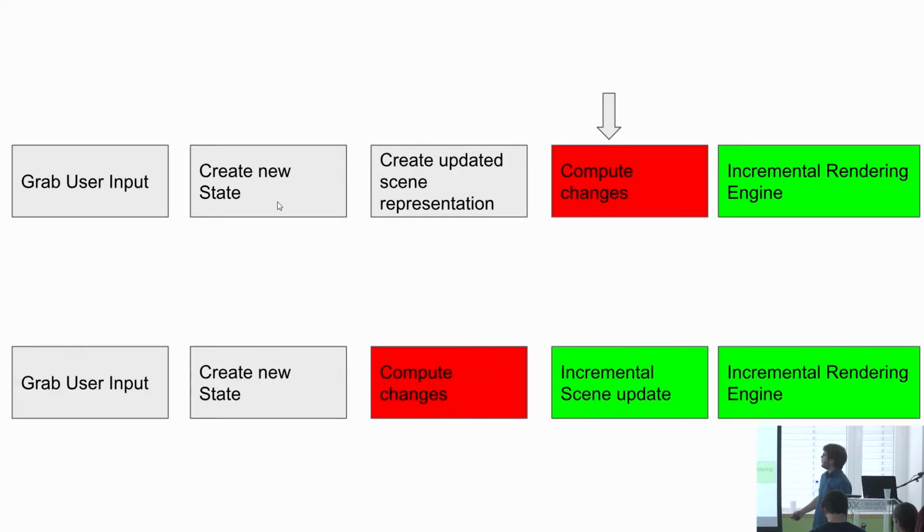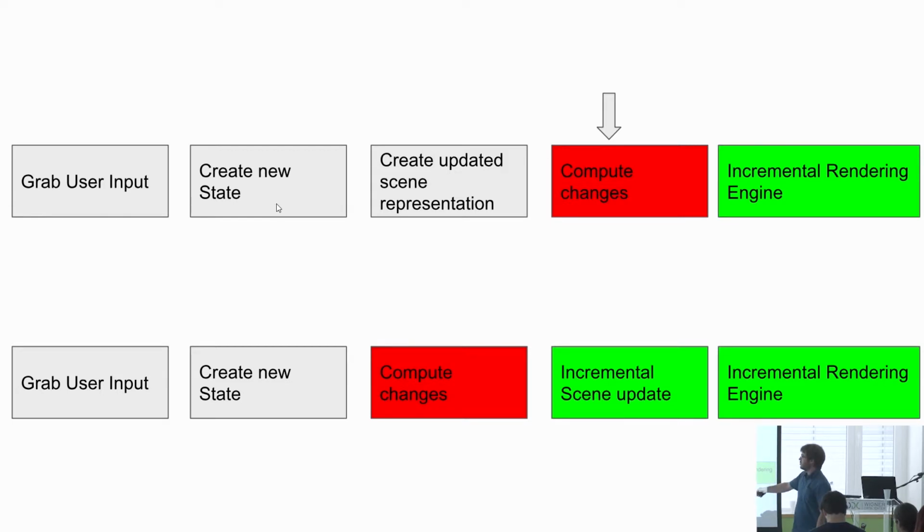And what we found is that computing changes can be expensive. If we do it like earlier, if we have a new state and compute the change on the state, and then have an incremental scene update, with this incremental scene representation I introduced before, we are done. Because in the previous talk, we introduced the best possible implementation of this.